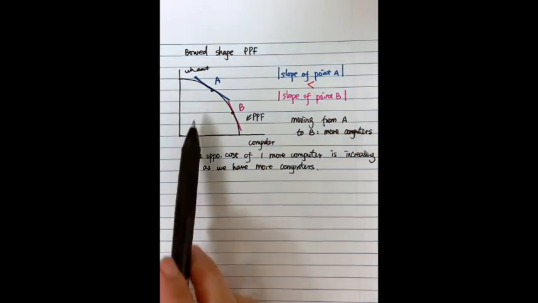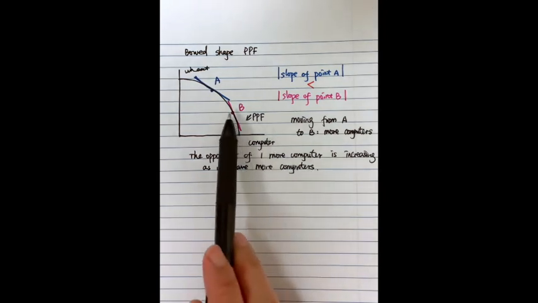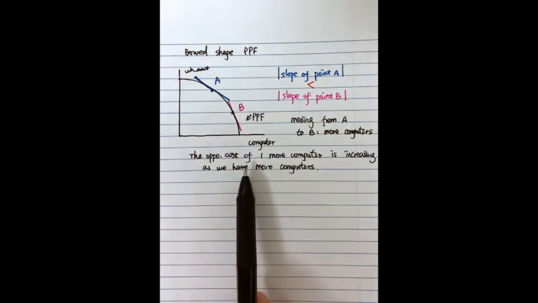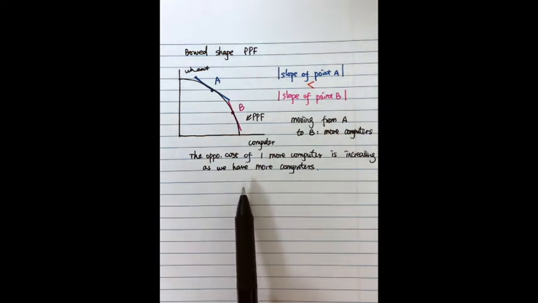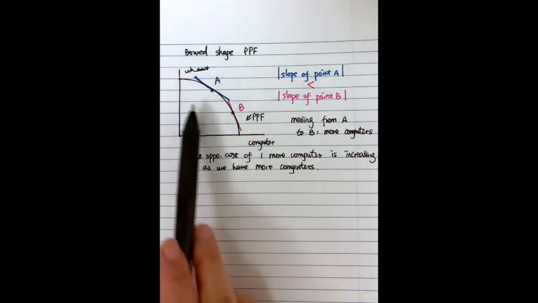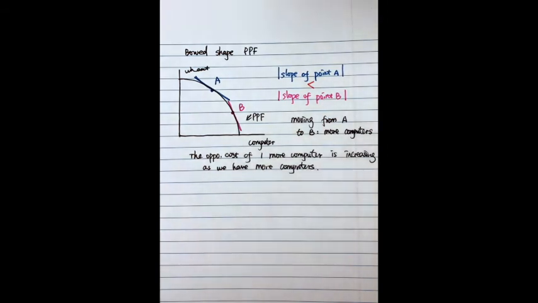So just as moving from A to B, we have more computers, and then the slope becomes steeper, which means the opportunity cost of an extra computer is increasing. Therefore, this bowl-shaped PPF tells us the opportunity cost of a computer is not constant, it is increasing if we have more computers, okay?